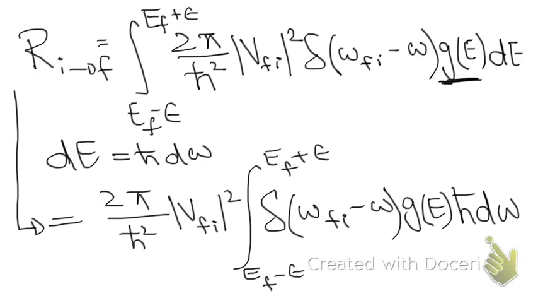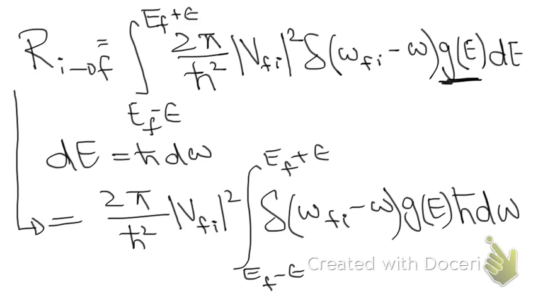Okay, so from here, note that the range of this integration, the limits I'm talking about, is not going to be important because of the fact that in here we have this Dirac delta function.